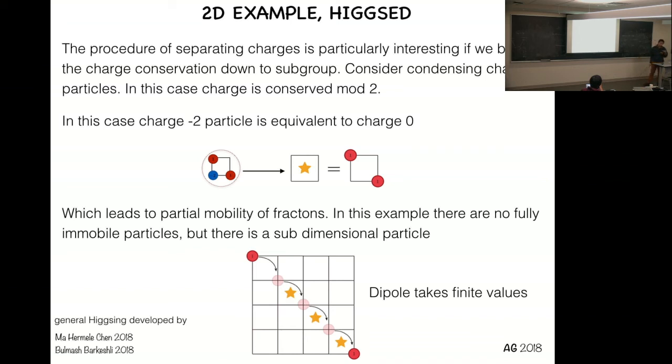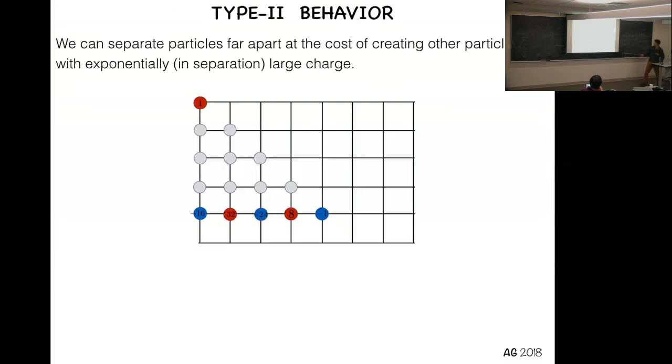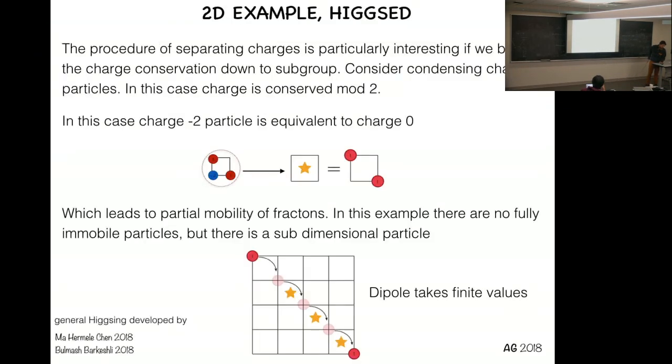Well, because we break charge conservation, some of those charges that we obtained before would disappear. Right? If it's conserved mod 2, then for example, this and that would be 0 because they're all 0 mod 2. So if charge is only conserved mod 2, then our fundamental degree of freedom is this guy. This is now 0 because that was -2.